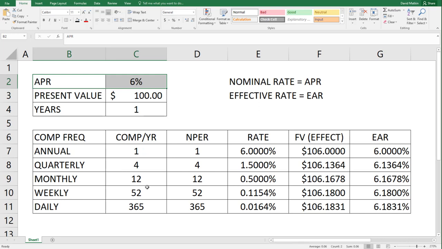And by starting with the APR, we can deal with periods that are different than just annual periods. We can deal with 2.5 years or 2.25 years or something like that. And it doesn't limit us to just being able to deal with annual rates or annual periods.